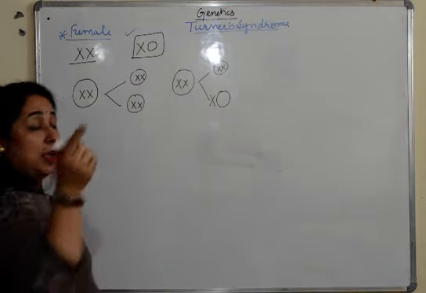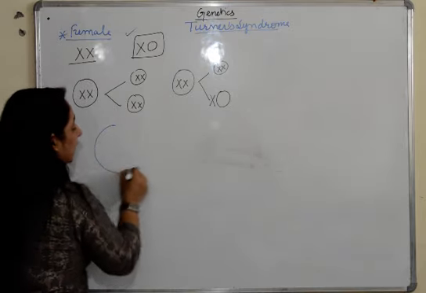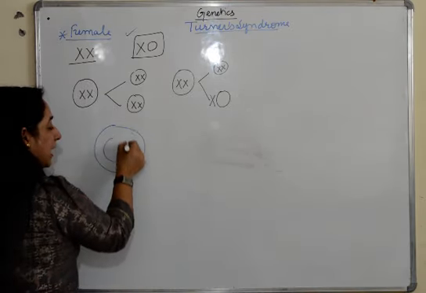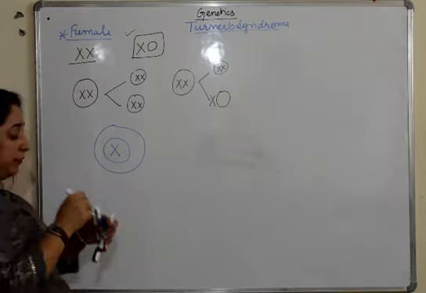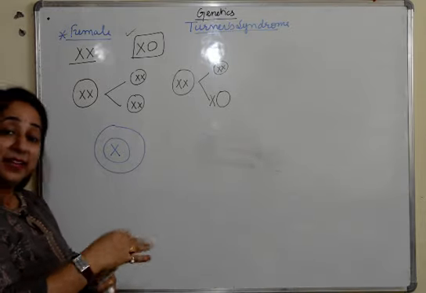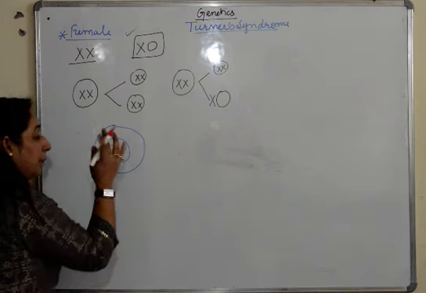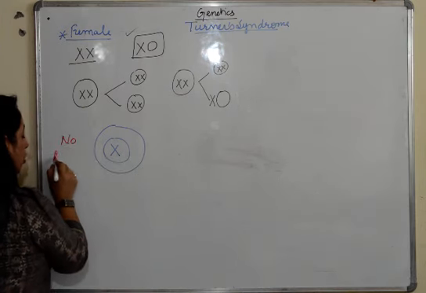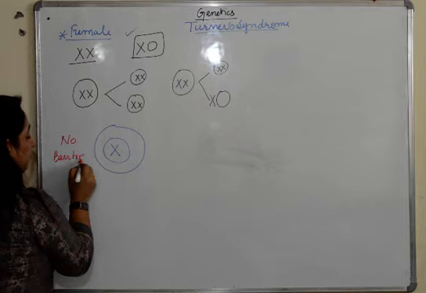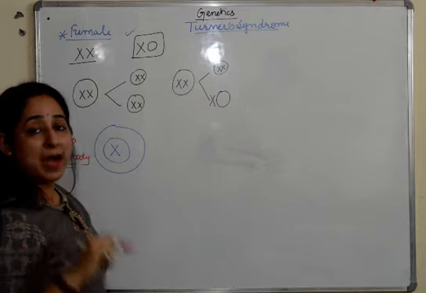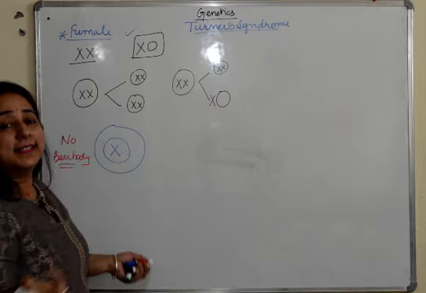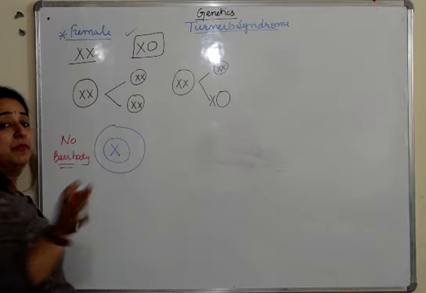When we want to see how it is present in a cell, we all know that in a normal female, one X is active, other becomes bar body. So here one X is active, but there is no bar body. Why? Because the second X is not there at all. So it is a female without the bar body.